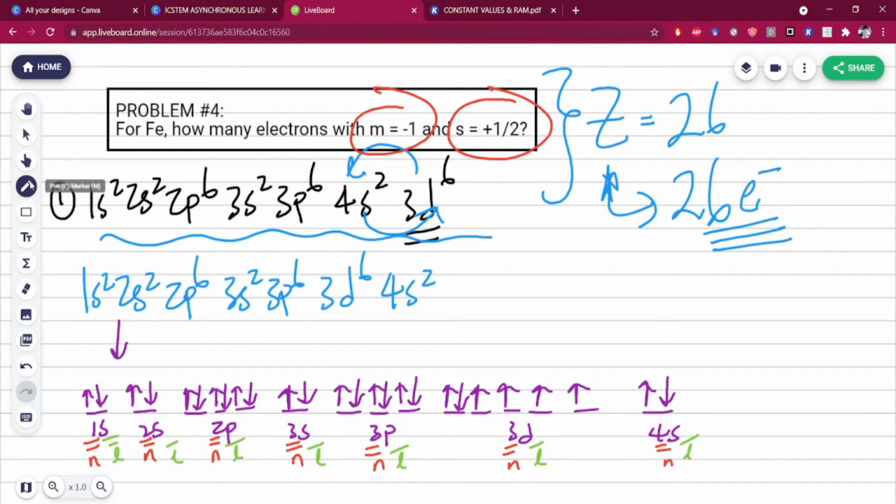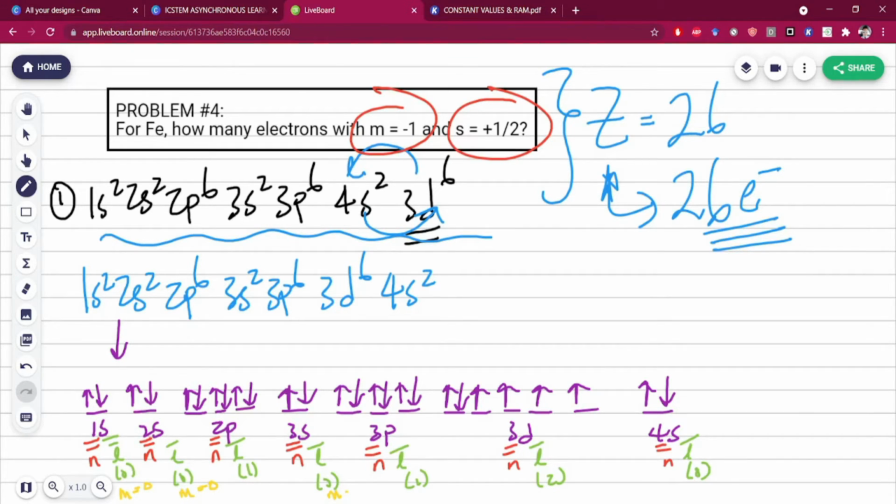When your l is, okay, we do know that this l equals to 0. This one is 0. This one is 1. That one is 0. This one is 1. This one is 2. This one is 0. So when l equals to 0, then we know that m equals to 0. This one m equals to 0 as well.